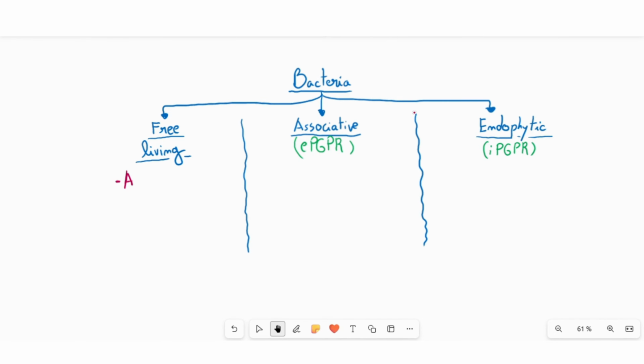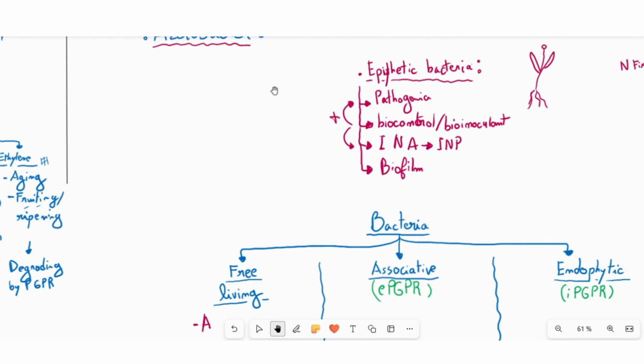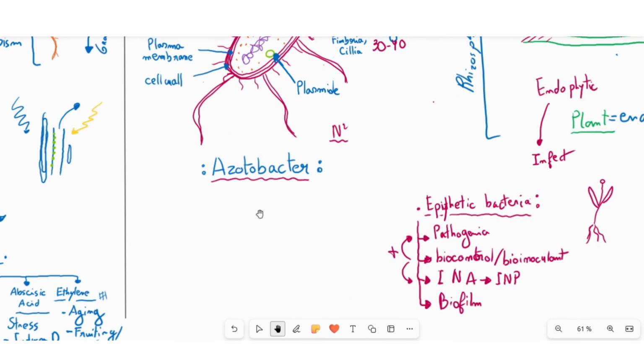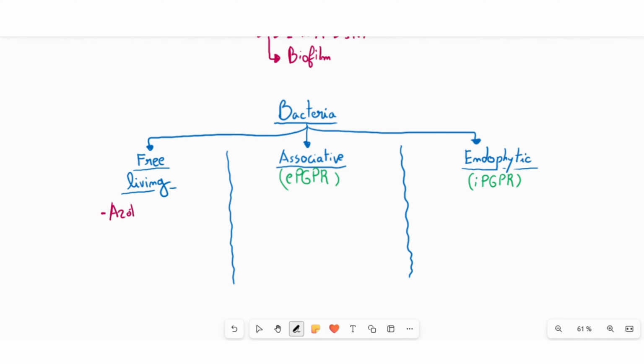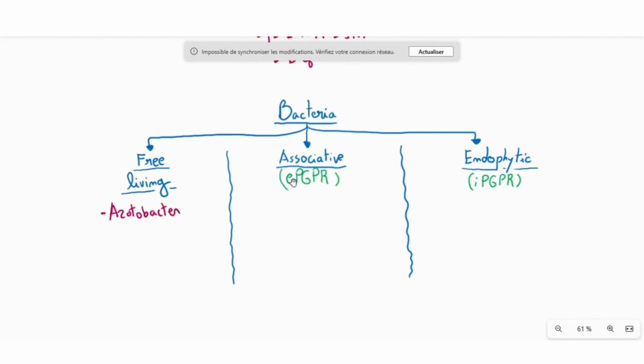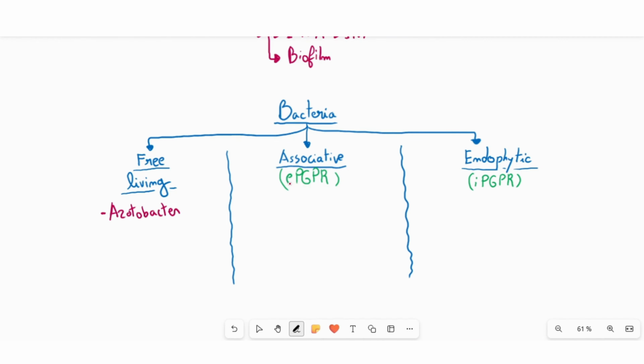So for example, you can understand that Azotobacter is a free-living bacteria. Now for the associative, we can find in certain papers extracellular PGPR or intracellular PGPR. You're gonna find them written in this pattern, but we're gonna call it associative bacteria PGPRs.